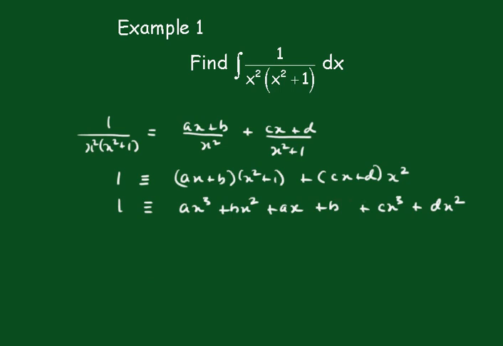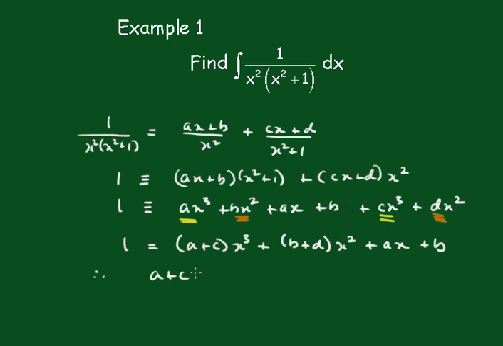Okay, so now we'll get these ones together. So we'll have 1 equals A plus C x cubed plus, now we'll get these ones here together. So that's B plus D x squared, and we're left with plus Ax plus B.